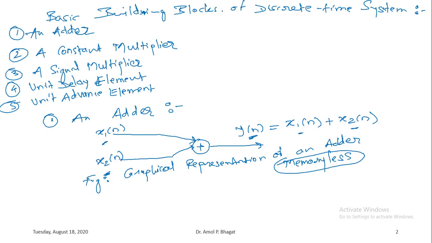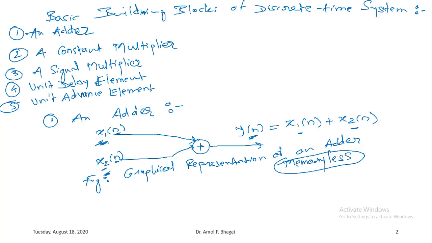The second one is the constant multiplier. In the previous case, both these input signals are varying with respect to discrete time small n, so constant values are not applied there.